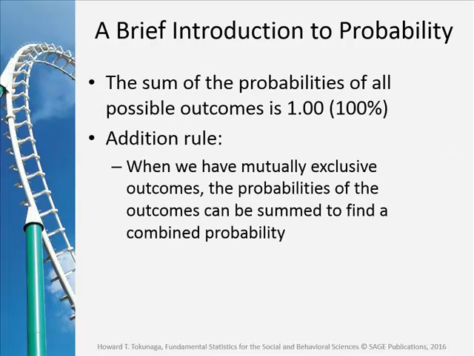The sum of all probabilities is always 1 or 100%. And there's this thing about the addition rule. Probability is kind of weird. It's kind of like multiplying. When you have mutually exclusive outcomes, the probability of the outcomes can be summed to find a combined probability.